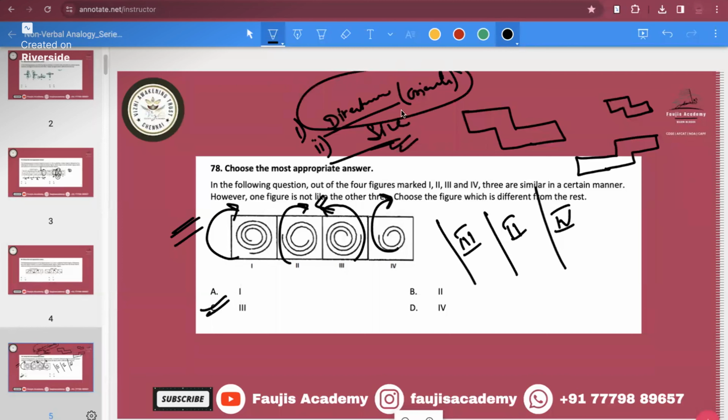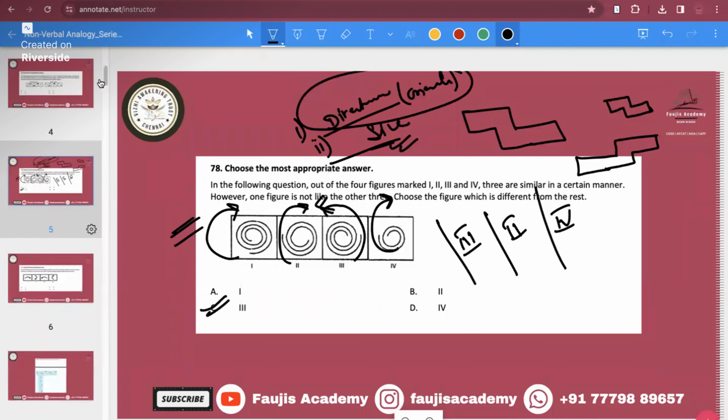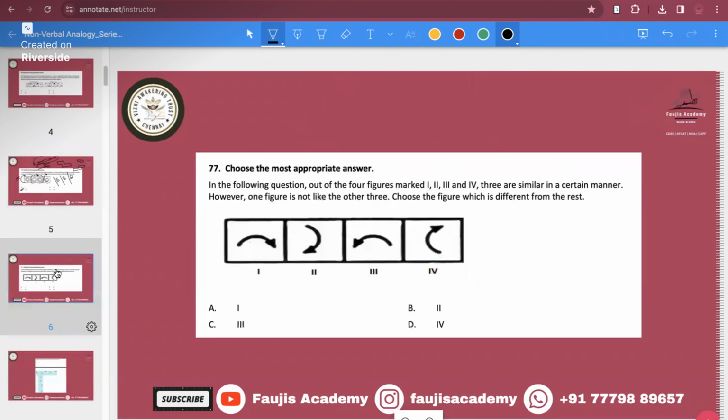Yes, you are right that the size of the fourth one is smaller, I understand that, but you have to prioritize direction. This is the way, guys, okay? Because had I been the question paper setter, I would have given full marks to all of you. But unfortunately, that's not the case. Sorry about that.